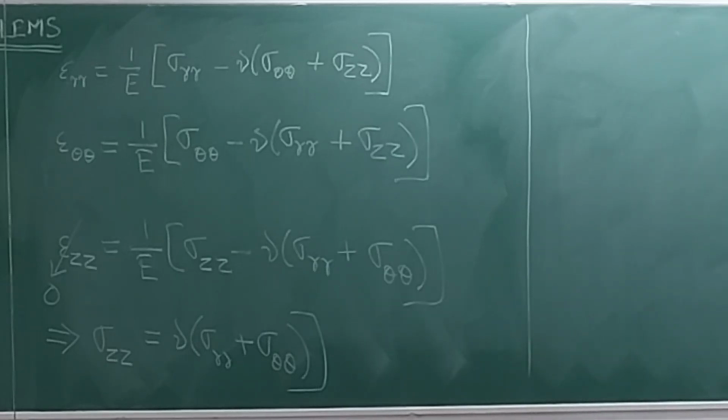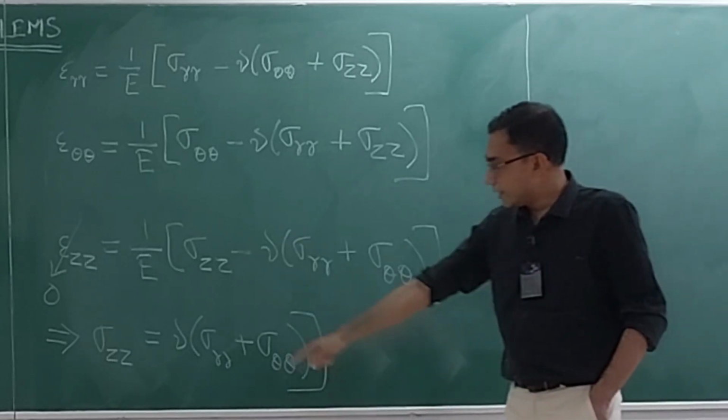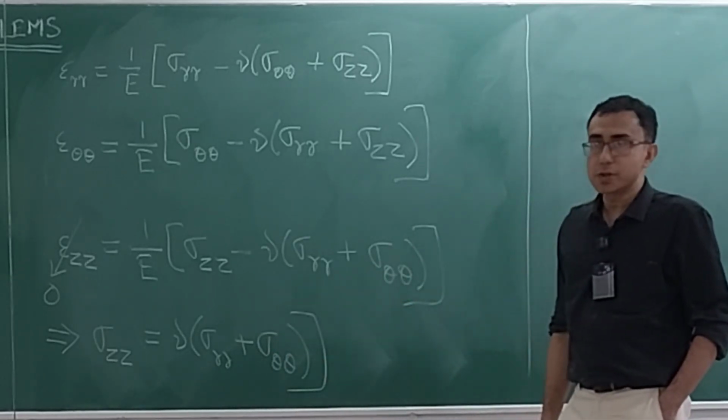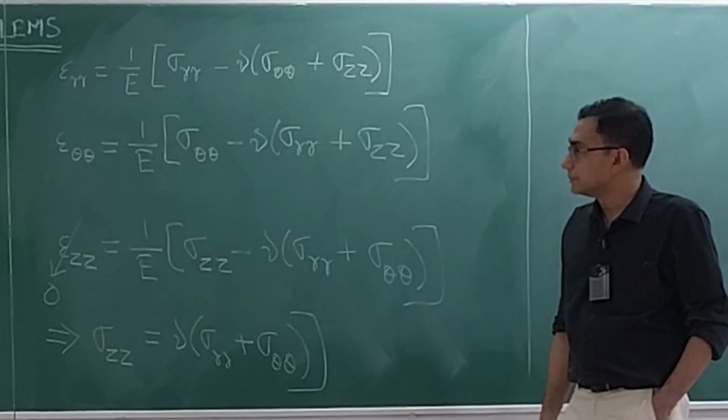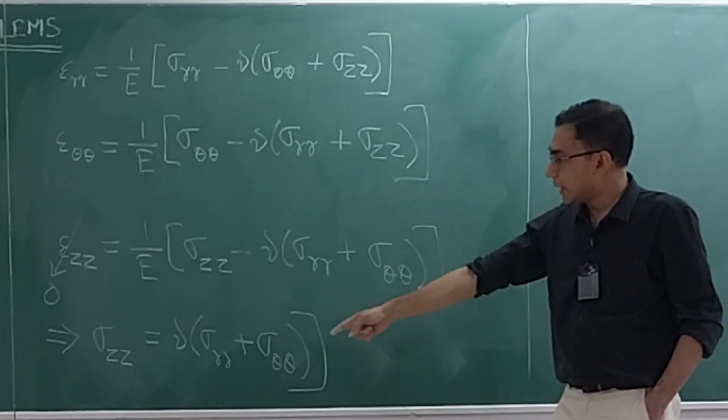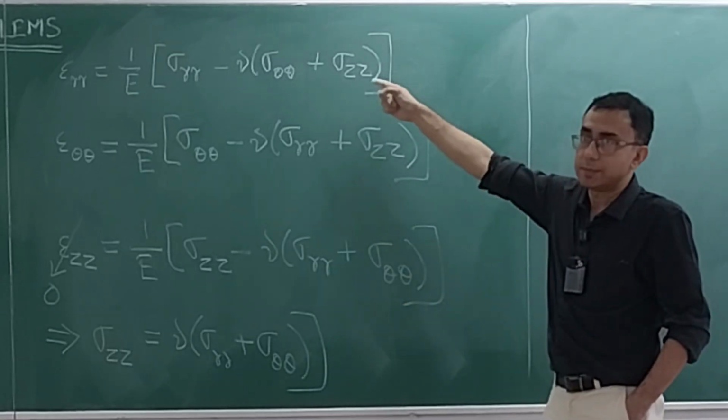Okay, what do we do with this? Well, you are all masters of algebraic manipulation. Because we have obtained sigma zz in terms of sigma rr and sigma theta theta, what we can do is plug this relation back into this.